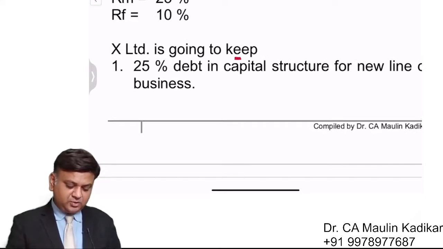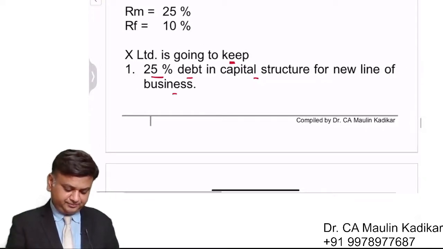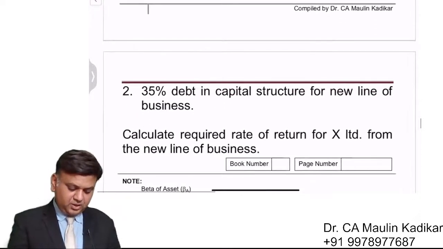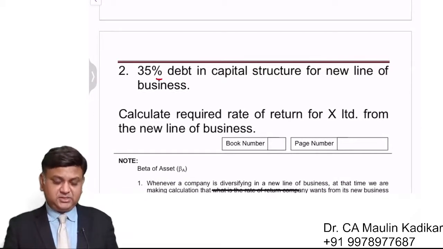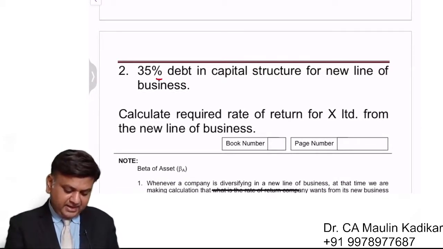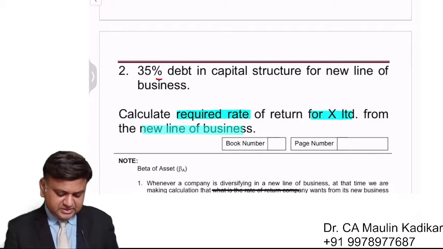X Limited is going to keep 25% debt in the capital structure for new line of the business. 35% debt in the capital structure for new line of the business. Calculate required rate of return for X Limited from the new line of the business. That is a question.